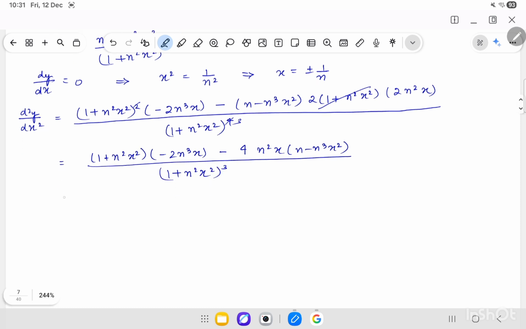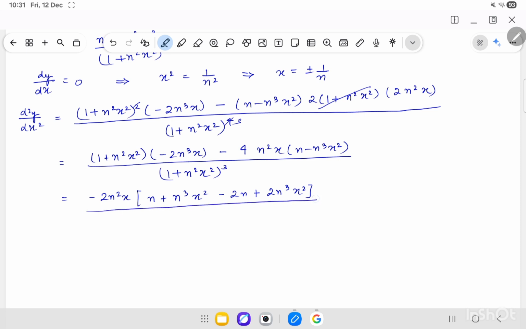Or what we can do is take minus 2n square x as common, so we'll be left with n plus n cube x square minus 2n plus 2n cube x square, divided by (1 plus n square x square) cube.